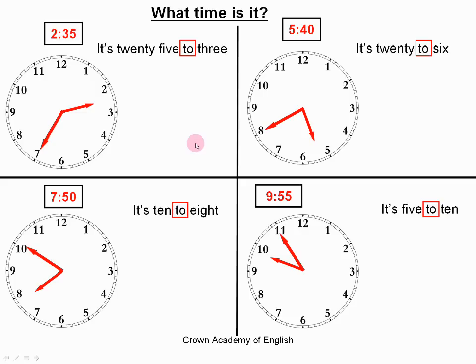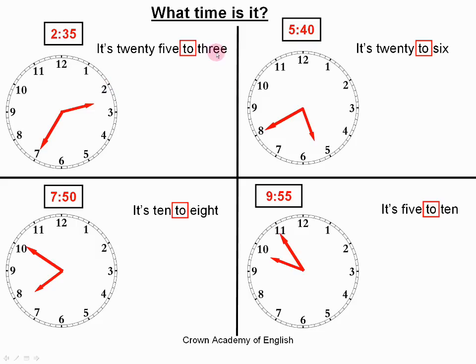And to, in this context, it means before. So what we are saying here is, it is 25 minutes before 3 o'clock. So we say the word to. It's 25 to 3, because there are 25 minutes before 3 o'clock.